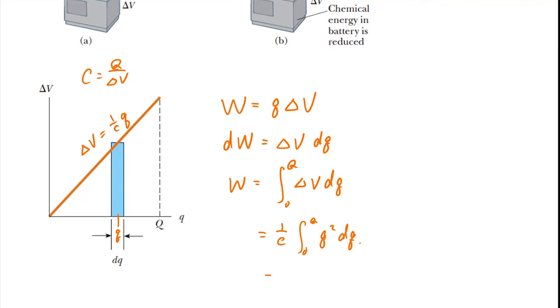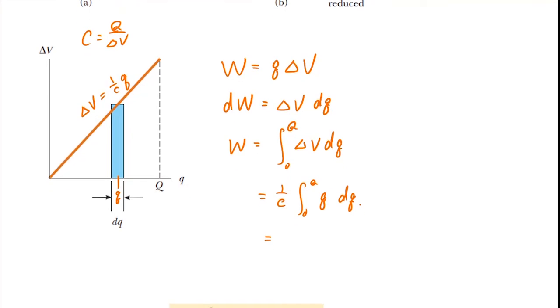Then we can integrate this. Oh, no, it's not squared. Good? So 1 over C, and then you have 1/2 q squared. So we have 1 over 2C, and then capital Q squared. How about that?